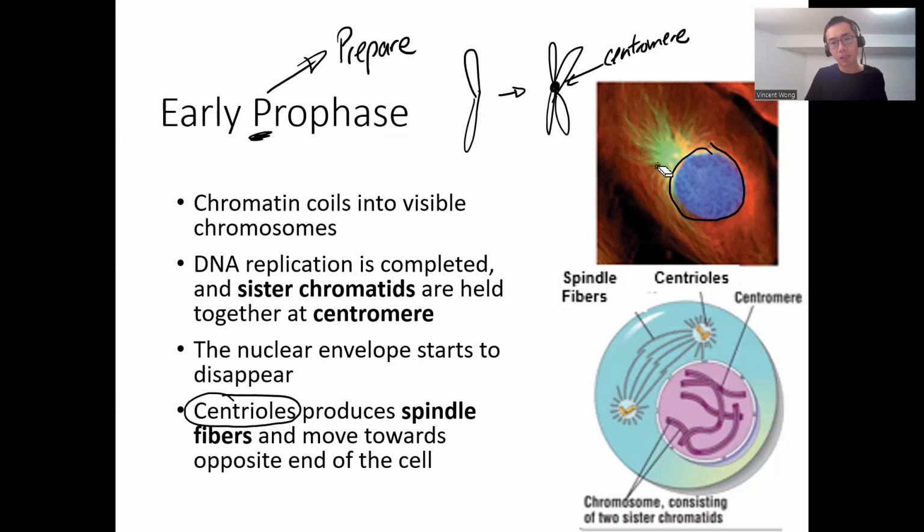If you look really closely at this picture, you can see the two yellow dots. The yellow dots are the centrioles, one here and one here, and all these green things radiating from them are the spindle fibers. So that's early prophase.